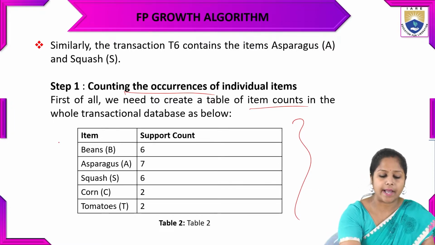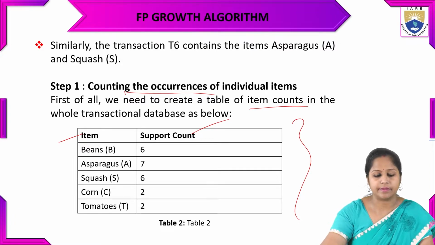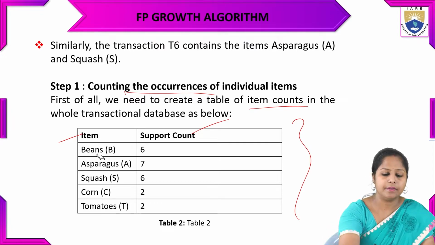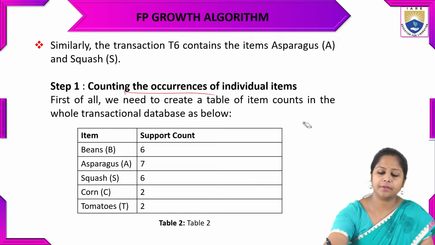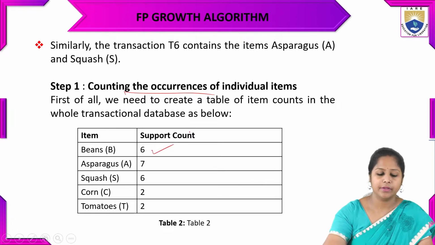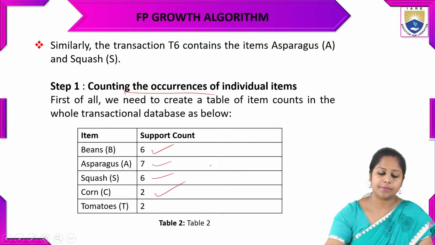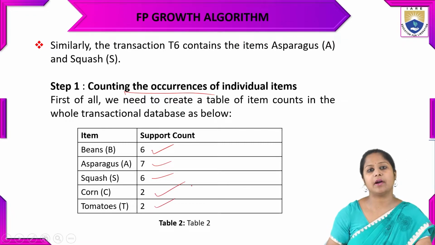Here we take the item name and the support count. Support count is nothing but the frequency of occurrence of the item in the whole transaction data. Beans occurred six times, asparagus 7 times, squash 6 times, corn 2 times, and tomato 2 times.